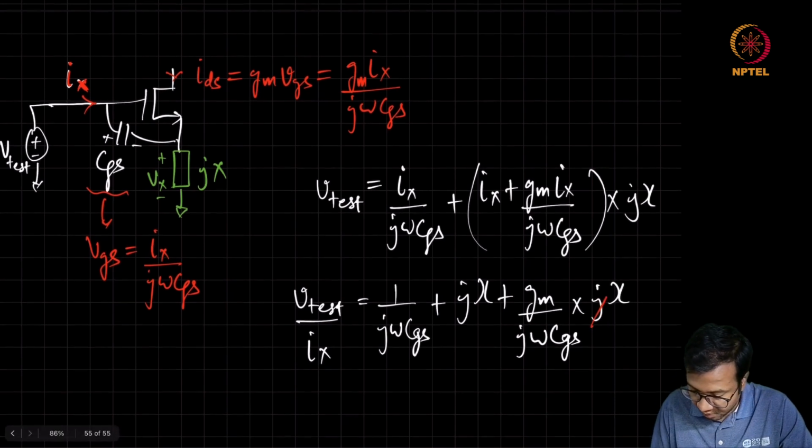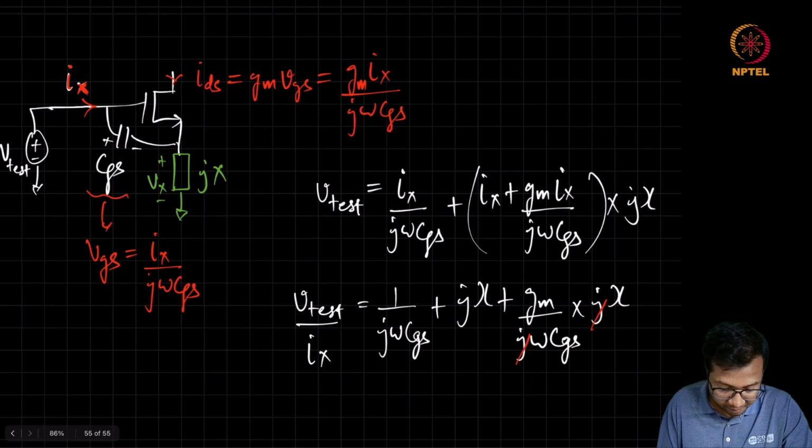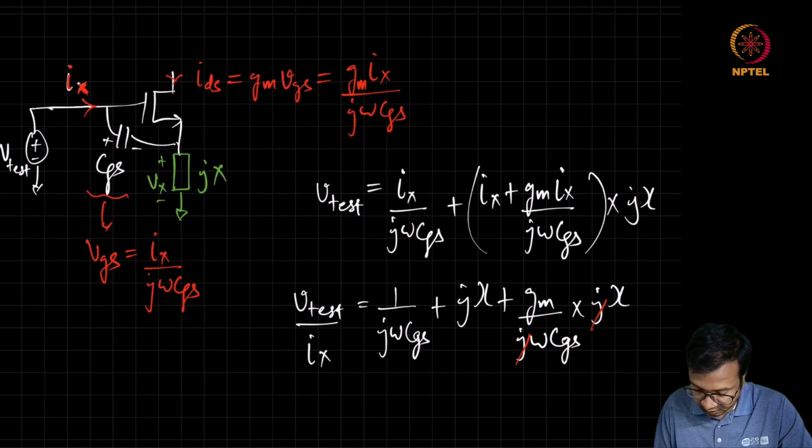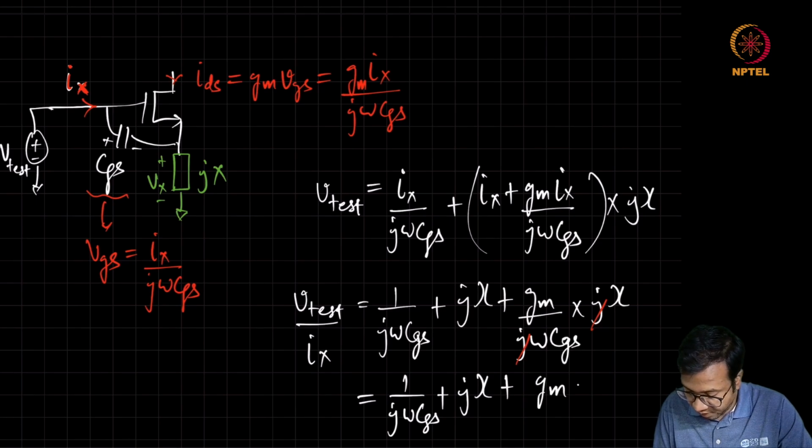Here we can cancel this j so as to get these two reactive terms, 1 by j omega CGS plus jX, and one completely real term.